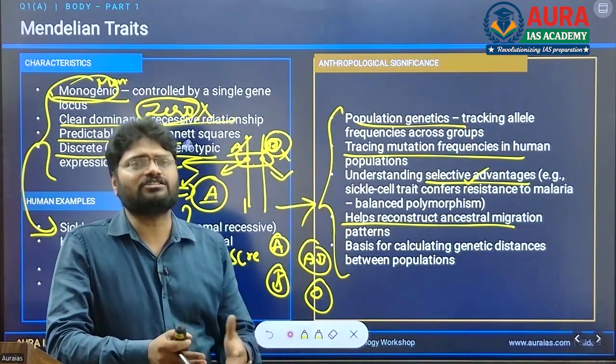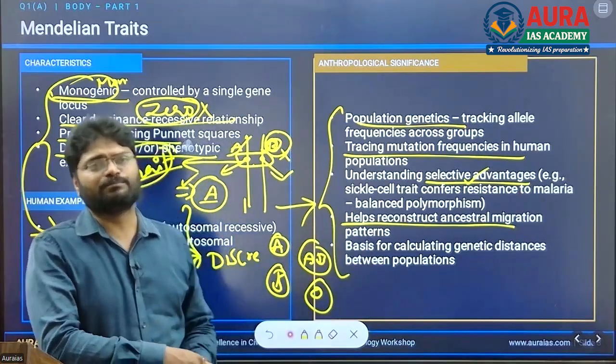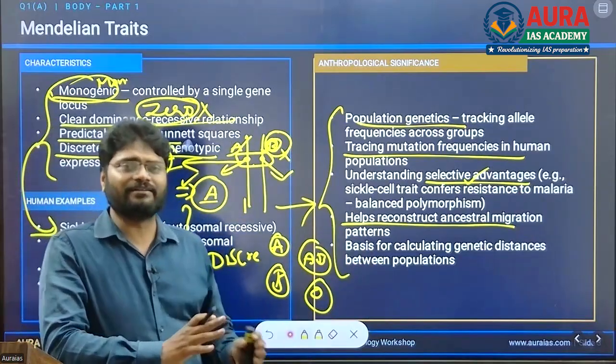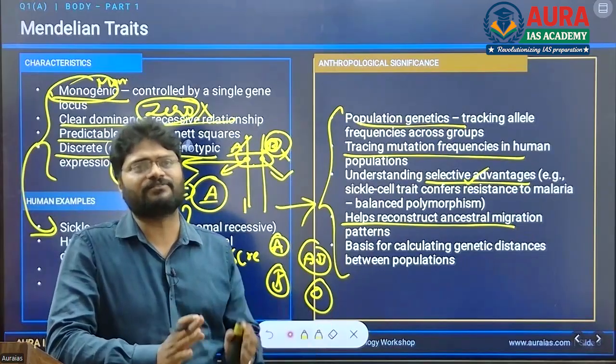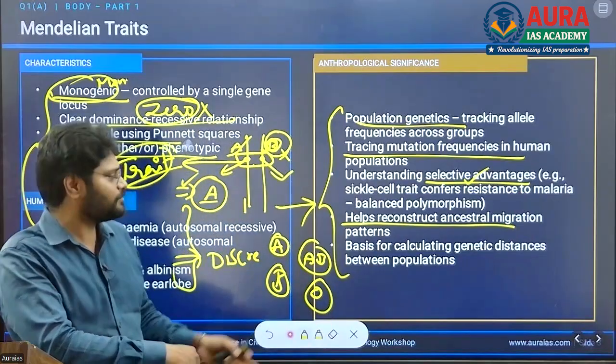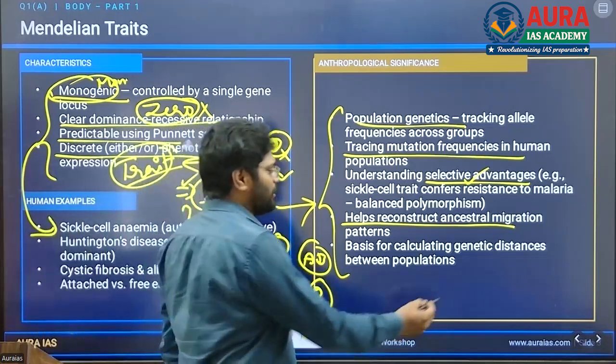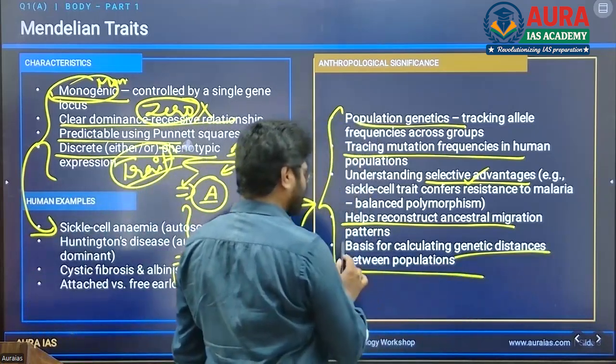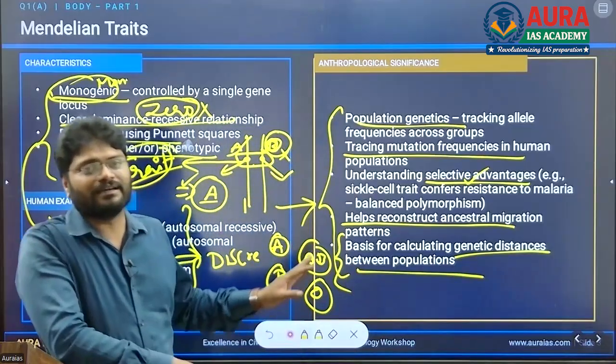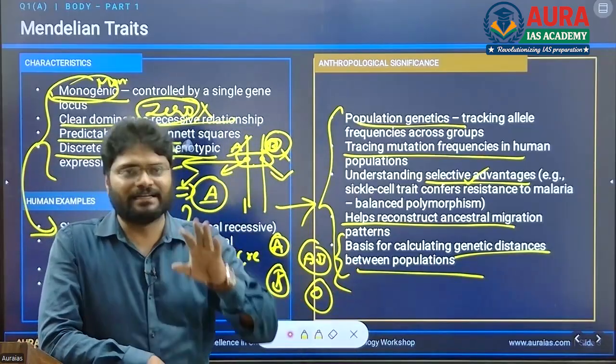Our ancestors we could trace by using the simple Mendelian laws, because they never deviate across generations. They follow a fixed pattern of inheritance. It is also the basis for calculating genetic distance between populations, how far they were separated, which could also be estimated using Mendelian laws.